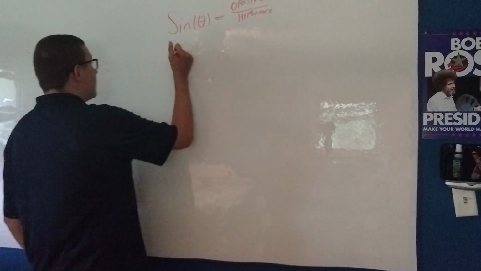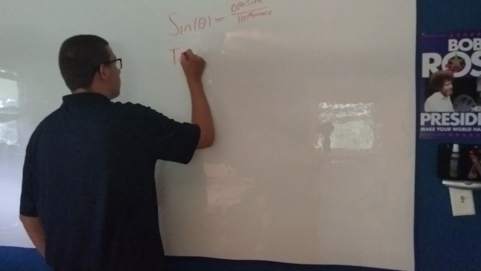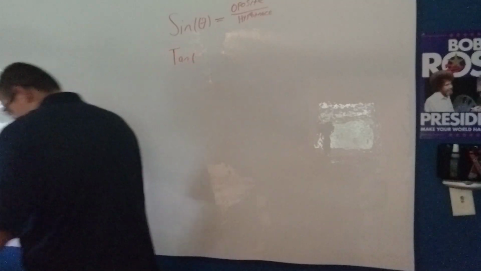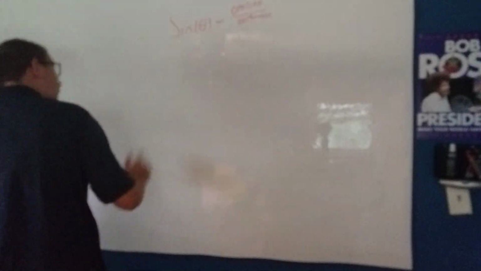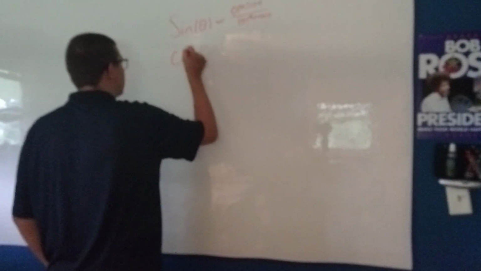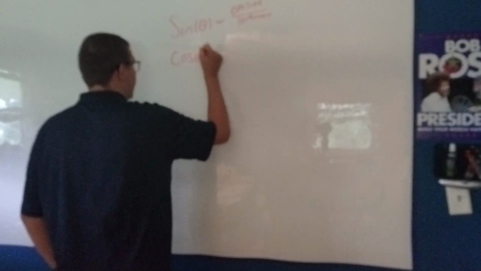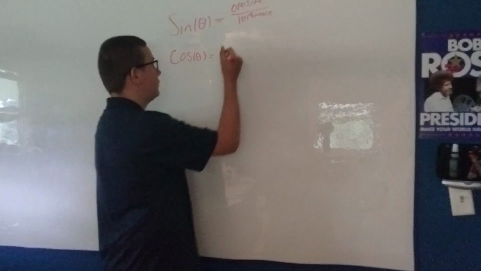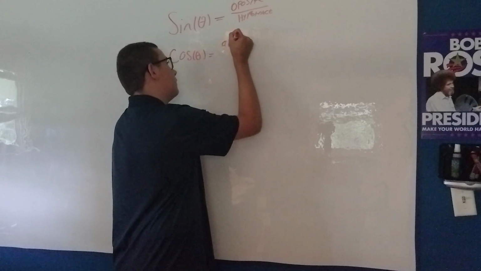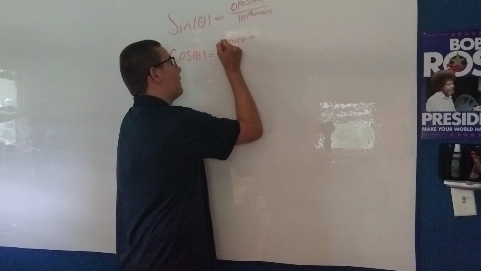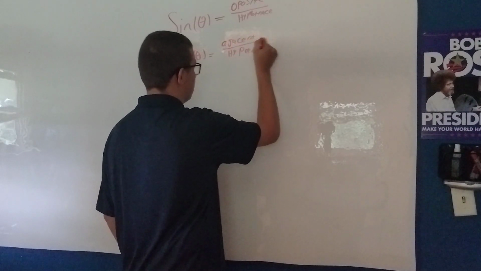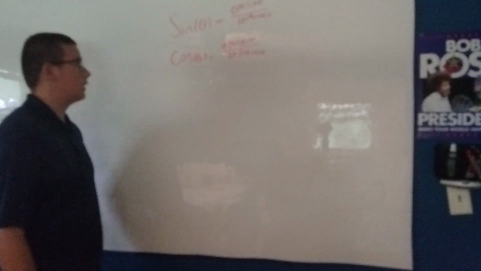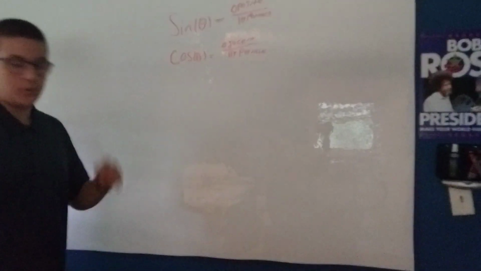So next we have the tangent, or not the tangent, I'm sorry, the cosine. The cosine of theta is always equal to the adjacent over the hypotenuse. Adjacent over hypotenuse every time on your triangle.